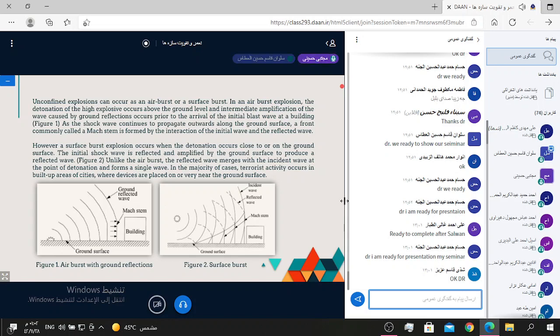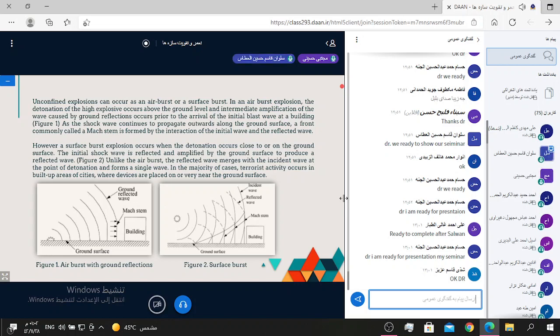However, a surface burst explosion occurs when the detonation occurs close to or on the ground surface. The initial shock wave is reflected and amplified by the ground surface to produce a reflected wave. I'll show figure number 2.